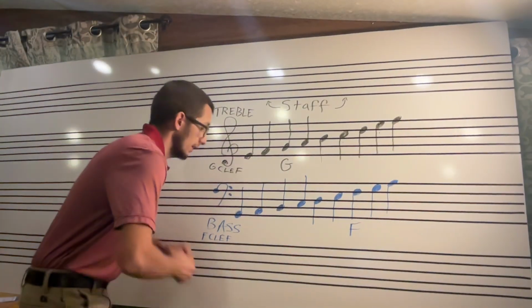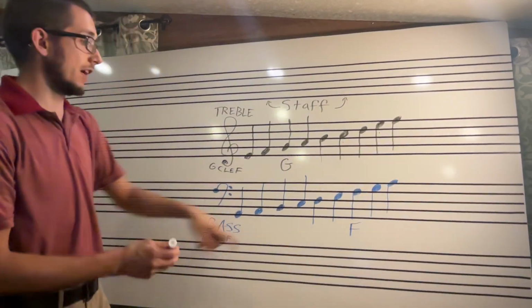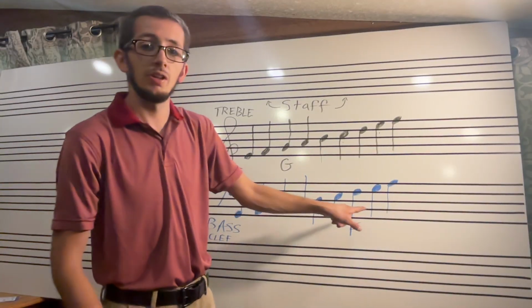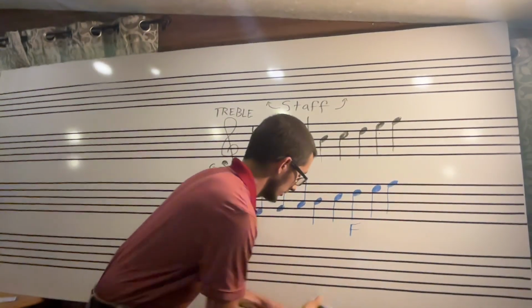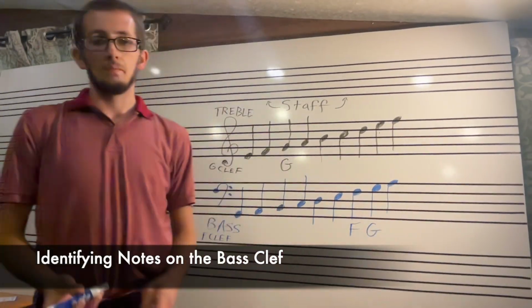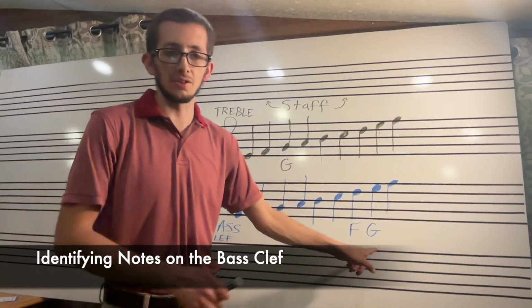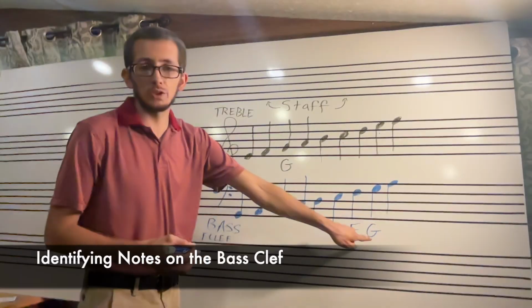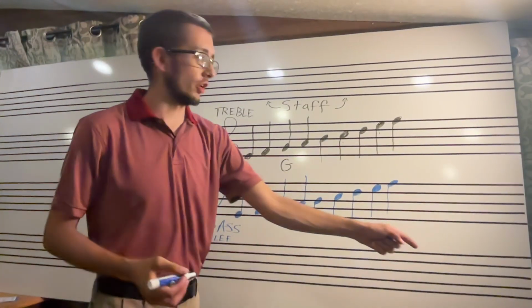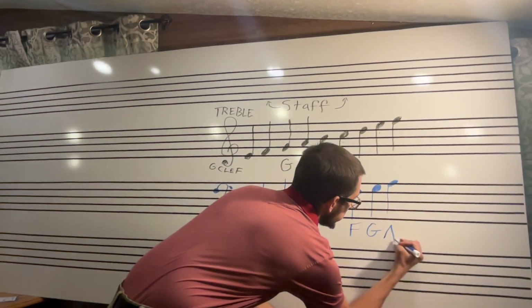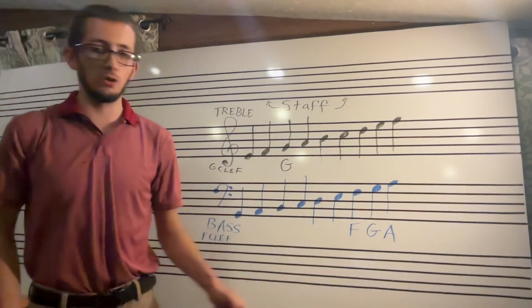Therefore, after F in our alphabet, A, B, C, D, E, F, the next note would be G. Once we get to G, the cycle goes back and starts again with the letter A. So after G, there's no H note, it goes back to A. It goes back through the cycle. So that note is an A.